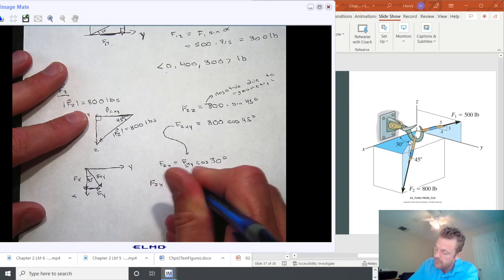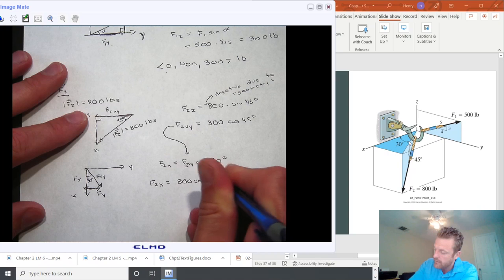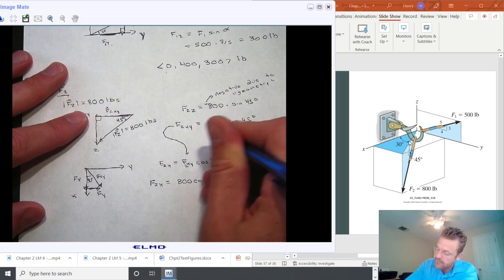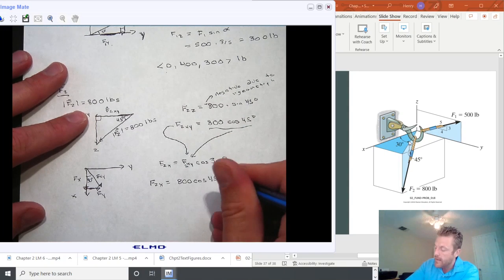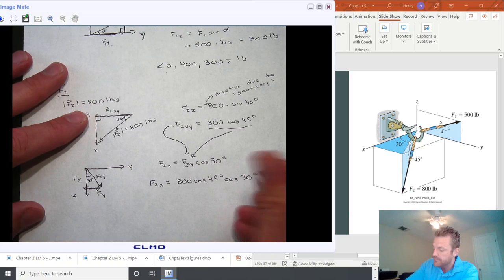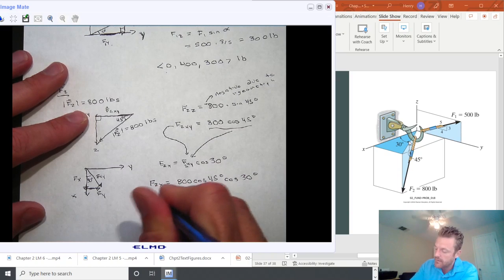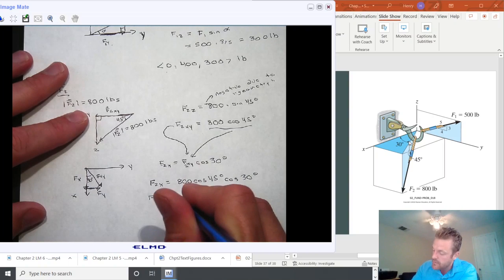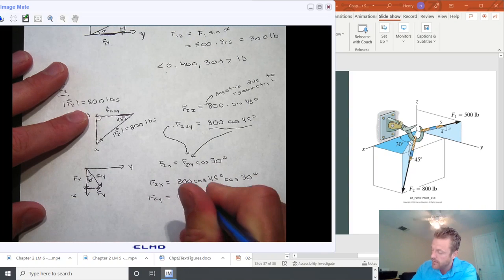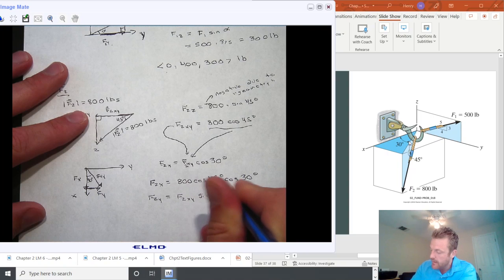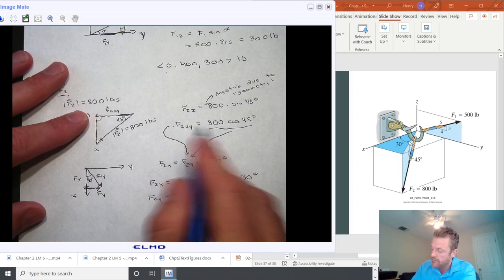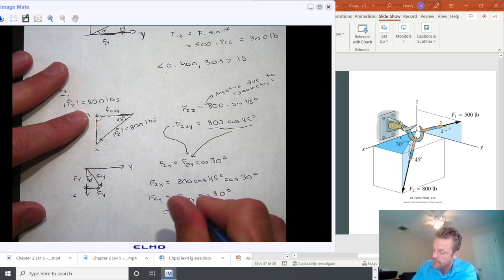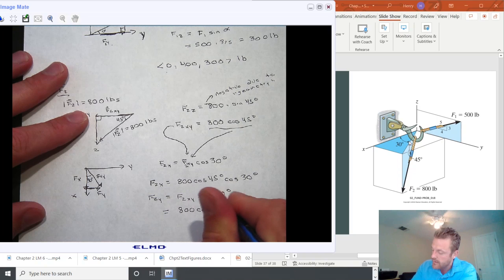But it's going to be 800 cos 45. So again, I'm just substituting this in for my projection. And then that's all multiplied by the cos of 30. And in a similar fashion, in order to get the y component, notice that it is opposite the 30-degree angle. So just to show all the work, it's F2xy times sine of 30. And don't forget that F2xy is 800 cos 45, so F2y is 800 cos 45 sin 30.